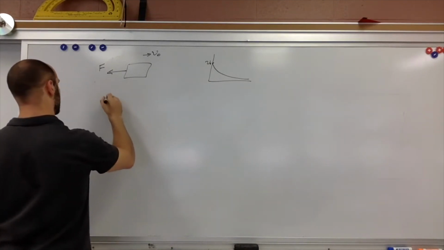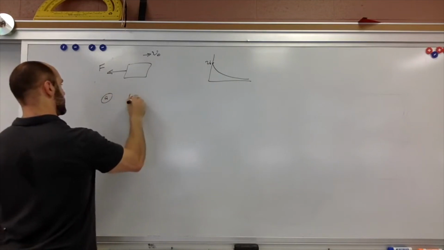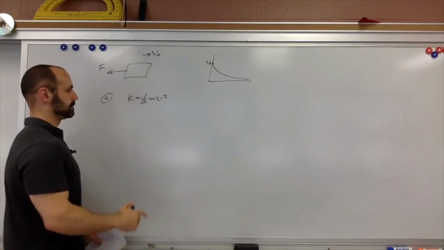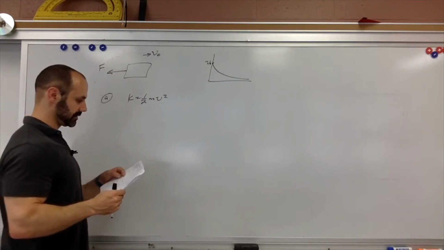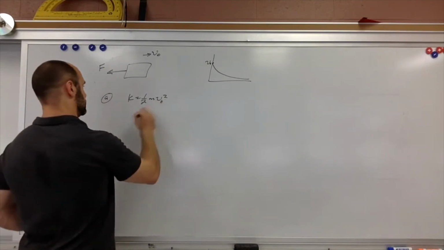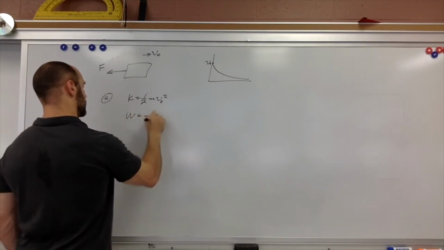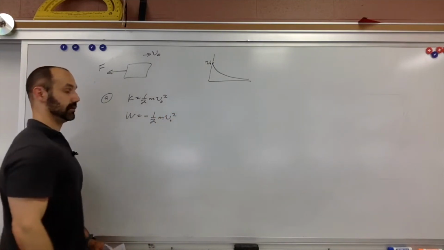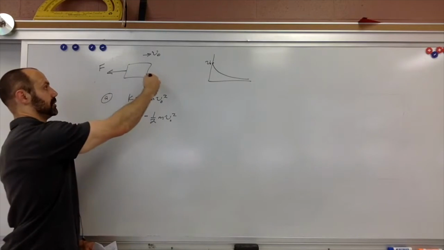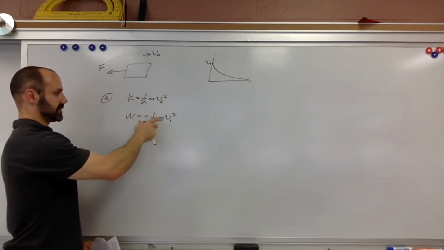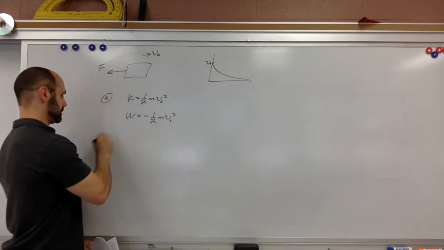So it's starting off with kinetic energy, and K is equal to 1/2 mv squared. So the work done by the friction force is just equal to negative 1/2 m v naught squared. The force is doing negative work. Why? Because the force is that way, but the displacement is that way. And the work is taking away that much kinetic energy.